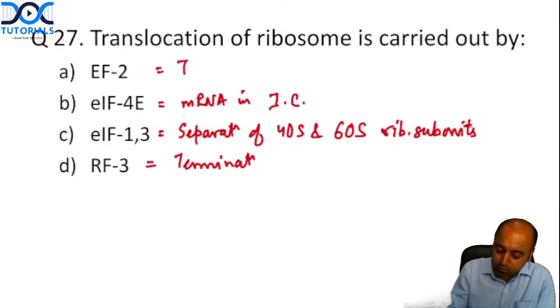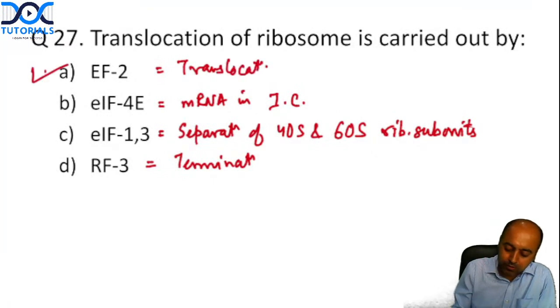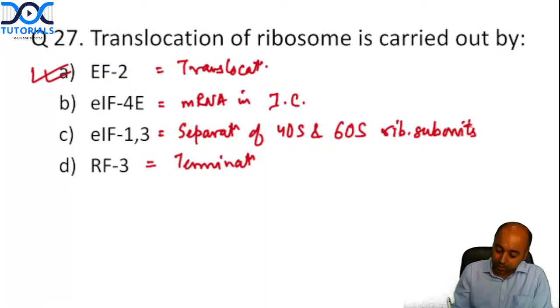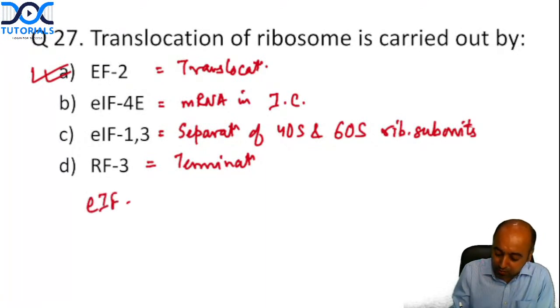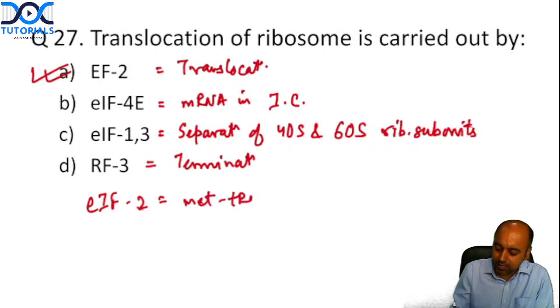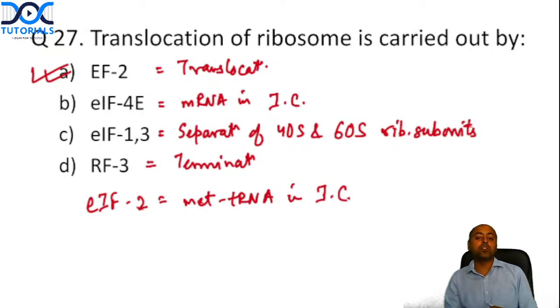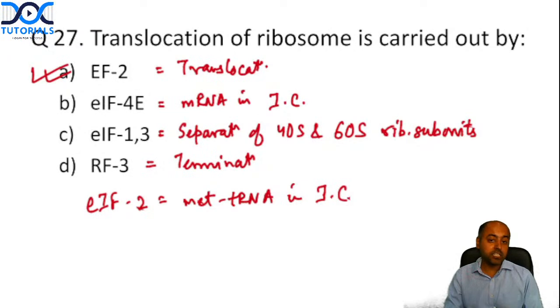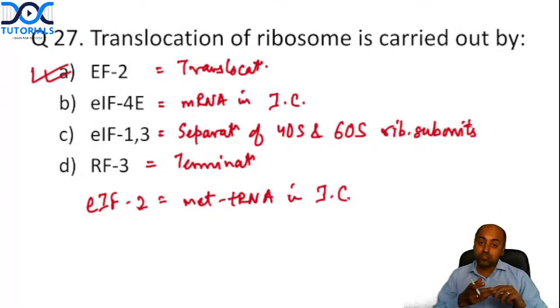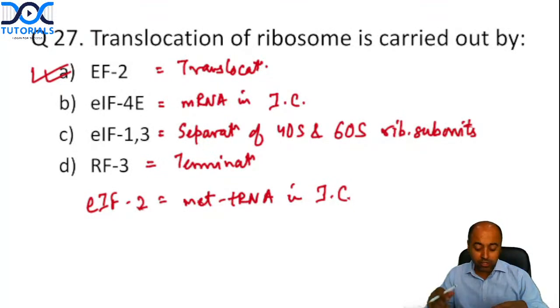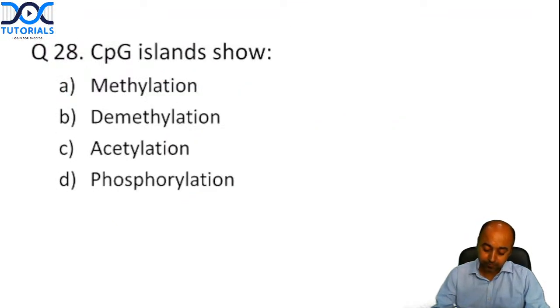Elongation factor 2 will cause the translocation. So the answer is elongation factor 2. Here you should also know about initiation factor 2. It will bring in the methionine tRNA in the initiation complex. So these are some of the important regulatory molecules which are participating in the process of translation, that is protein formation, and their actions.